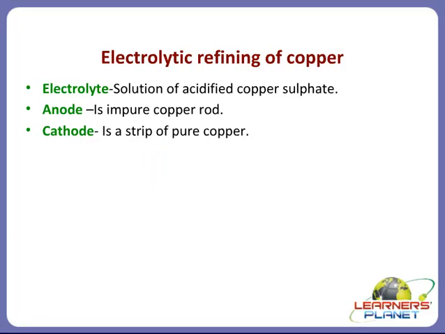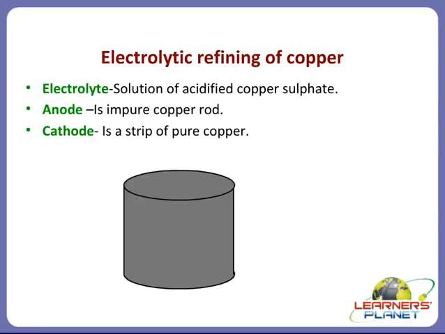So if I have to draw this electrolytic container, what it would look like. So children, it would be, say this is a thick block of copper and that is made an anode.